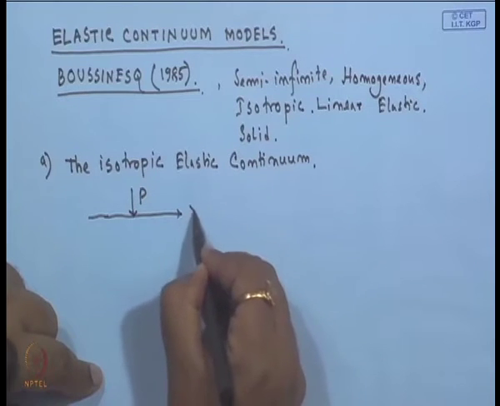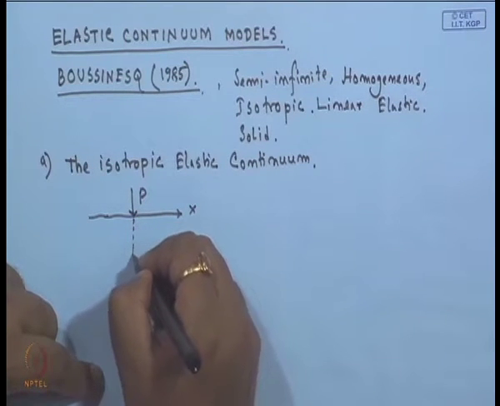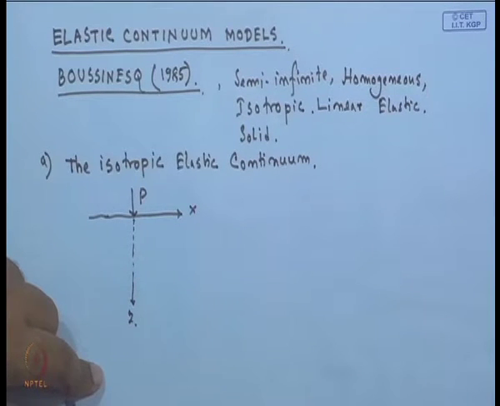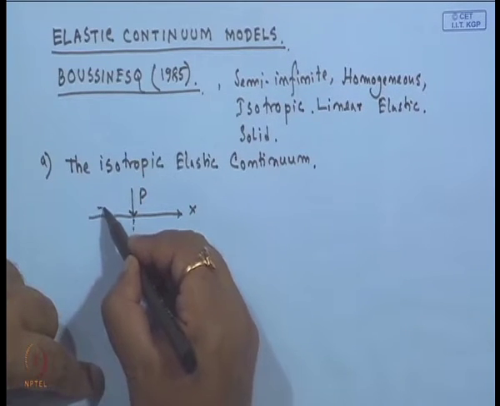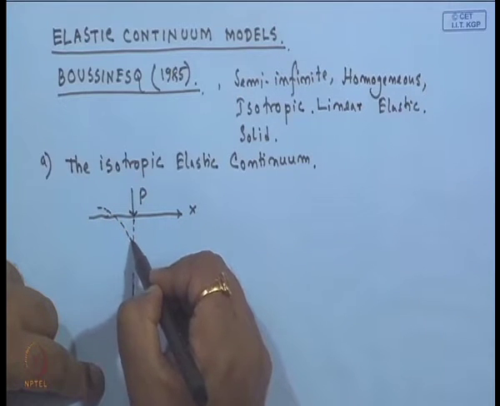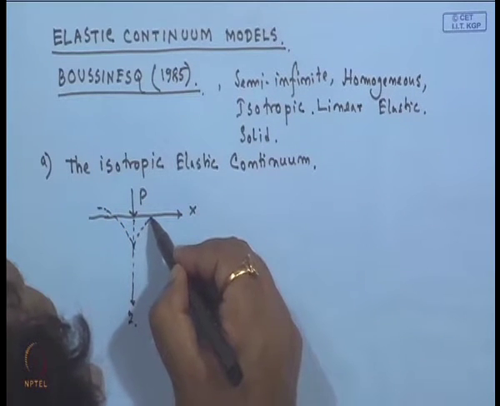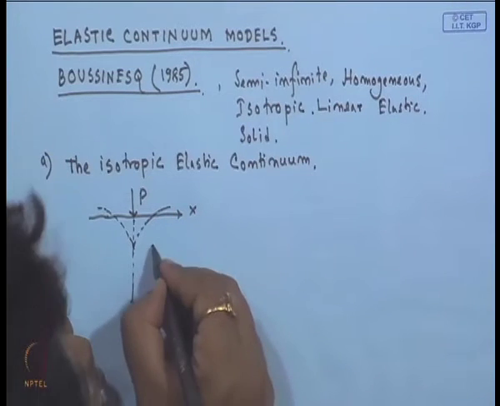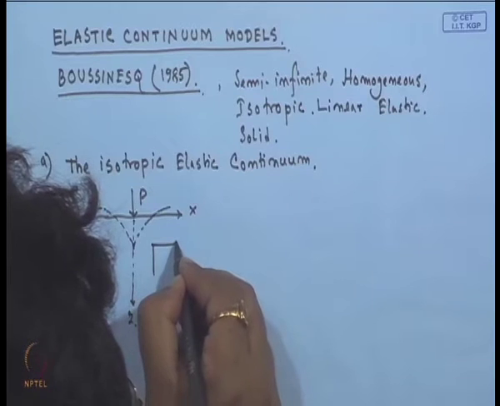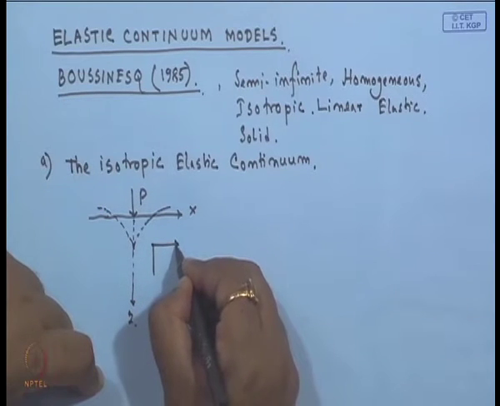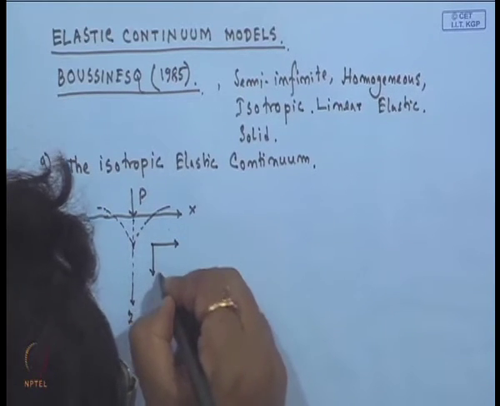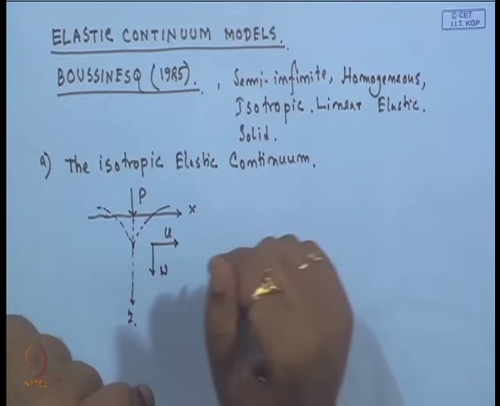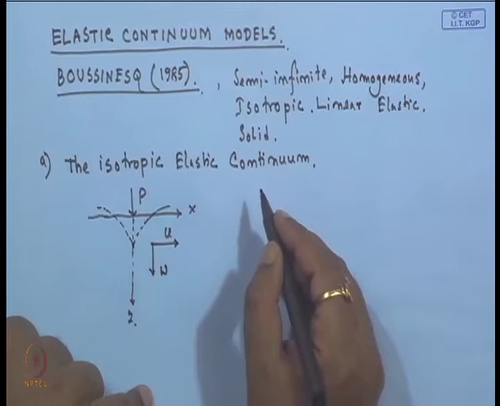This is the x direction, this is the z direction, and there will be a deformation in this form. So, u and w are the two different deformation components.